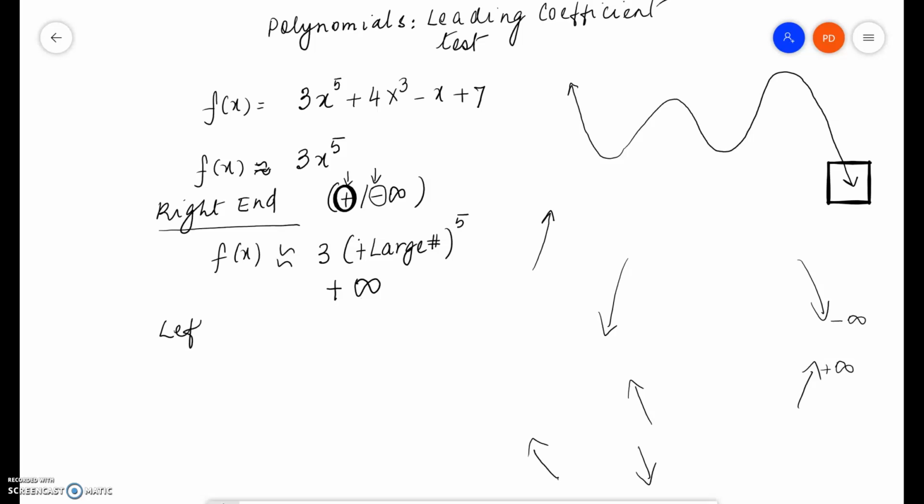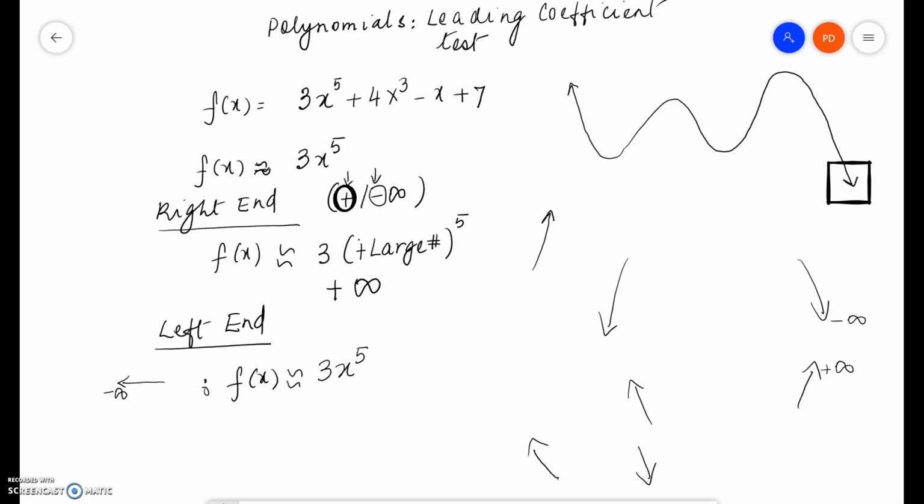Now at the left end, as we go to the left side of the x-axis and keep walking away from 0, we're going off to negative infinity. So again, if I want to find the end behavior, remember that the end behavior is dominated by the leading term 3x to the 5th.